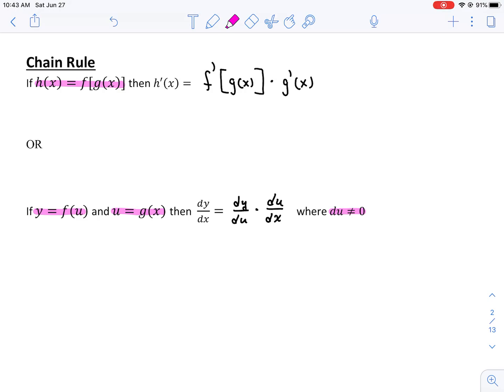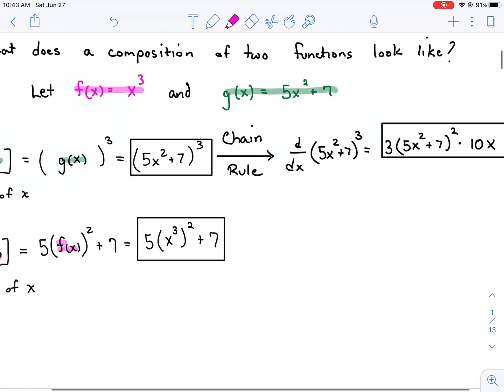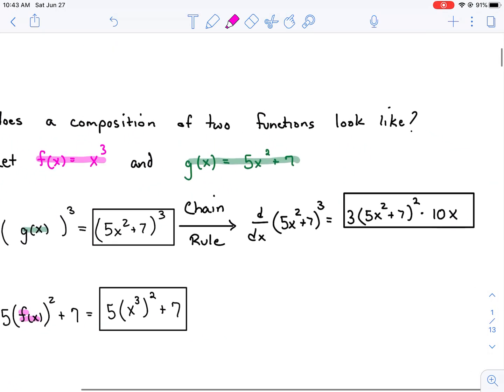So going back to the previous example, notice that this right here is the composition of the derivative of f and g of x.